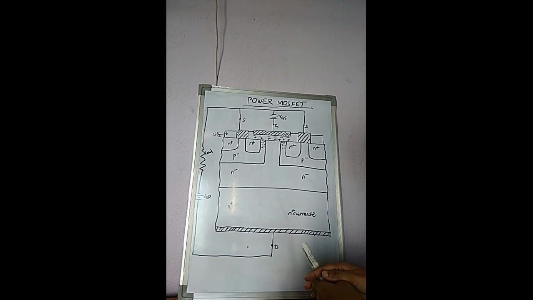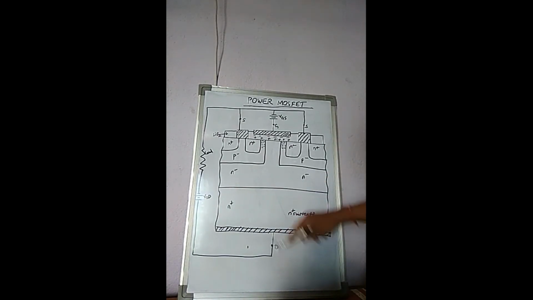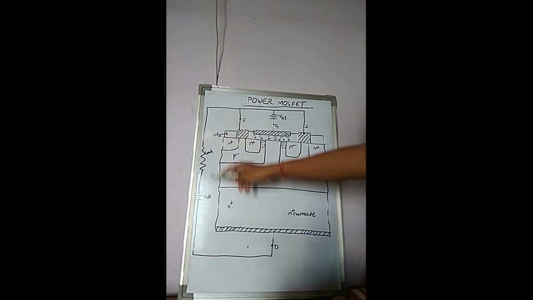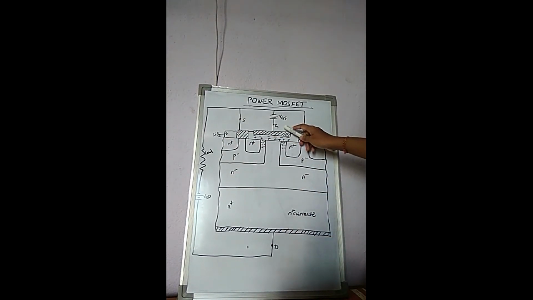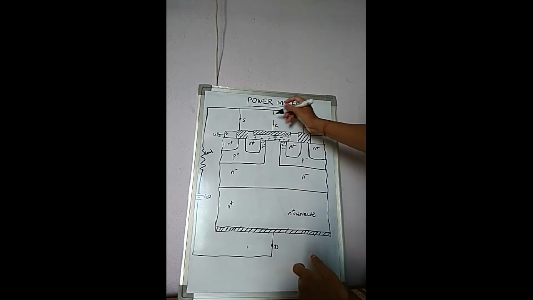Now we connect the voltage source VDD between drain and source through the load, and in the gate source circuit there is also a connection of VGS voltage. At first, when this part is open, there is no voltage supply between gate and source.